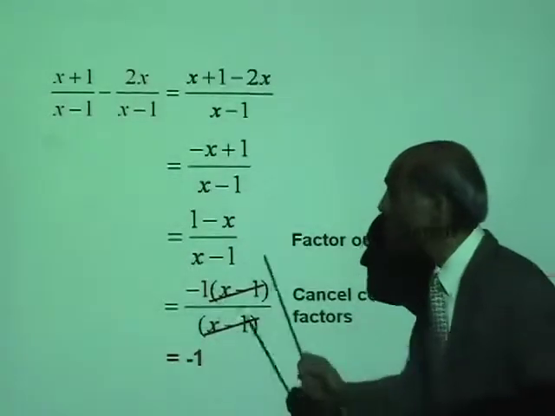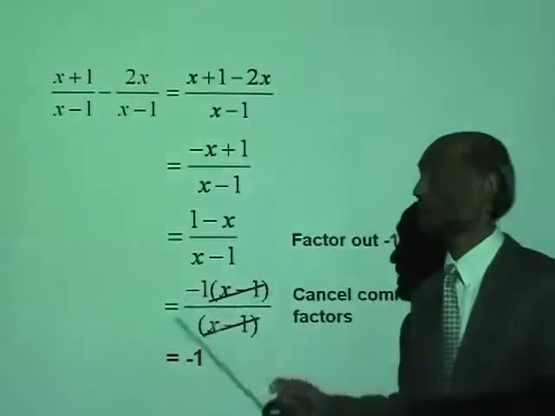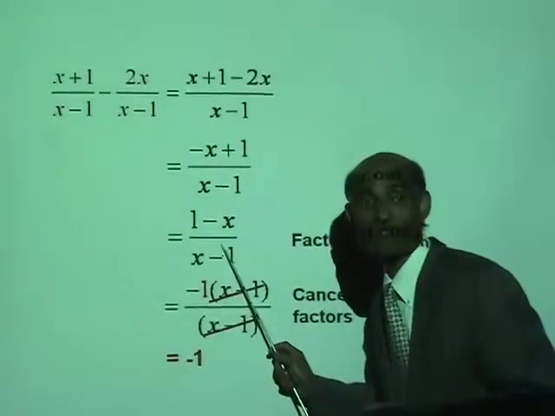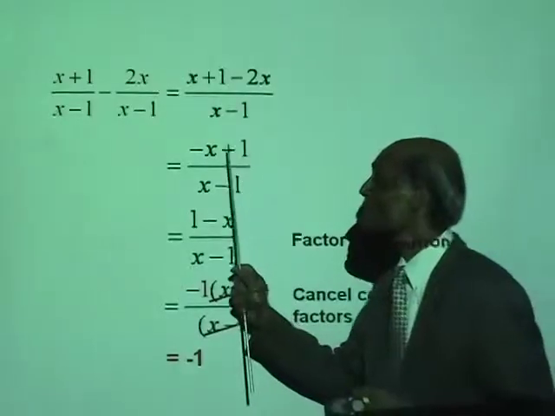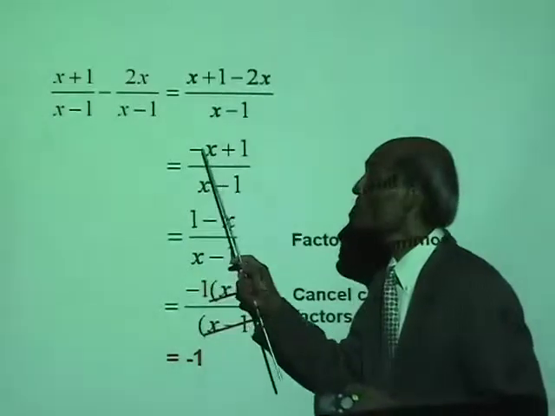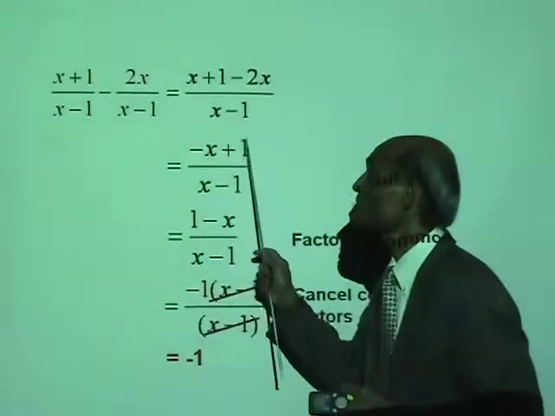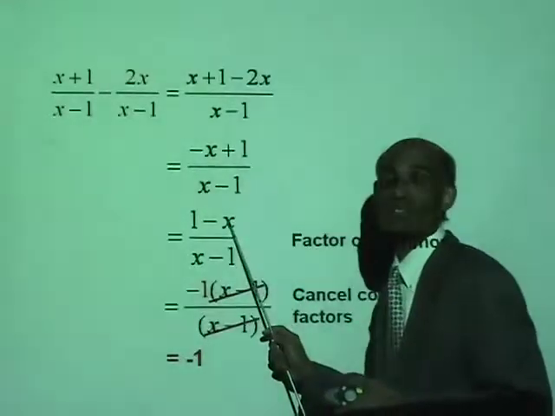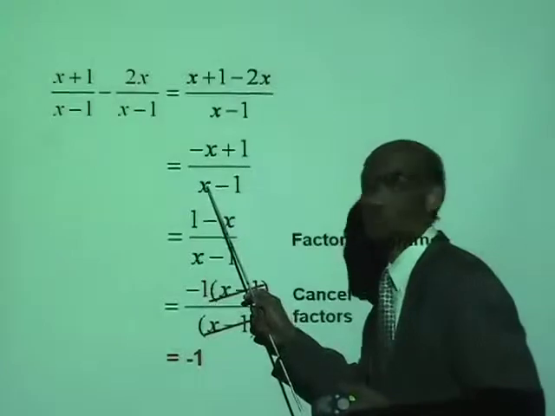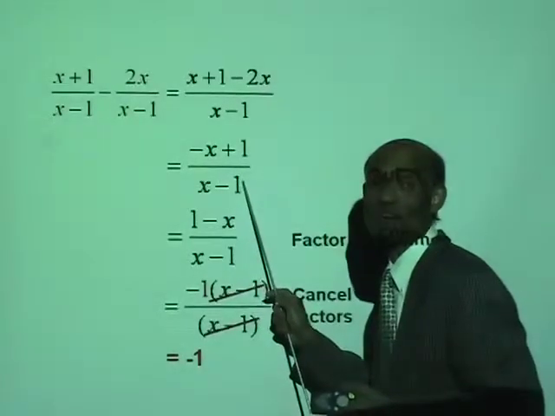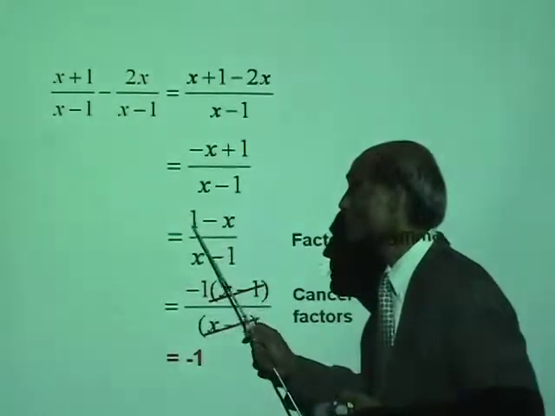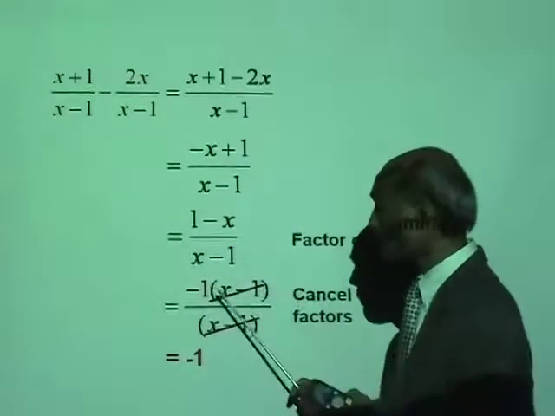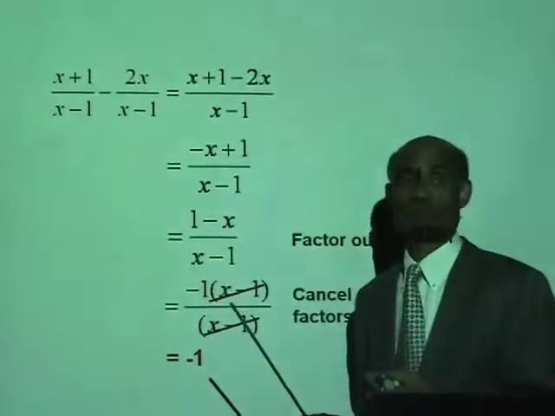Answer is negative 1. A very interesting type of problem, and you must be familiar with this. So look at the transition we did here. We first of all said negative x plus 1 is the same as 1 minus x. The denominator is x minus 1. And so 1 minus x then we wrote as negative of x minus 1.